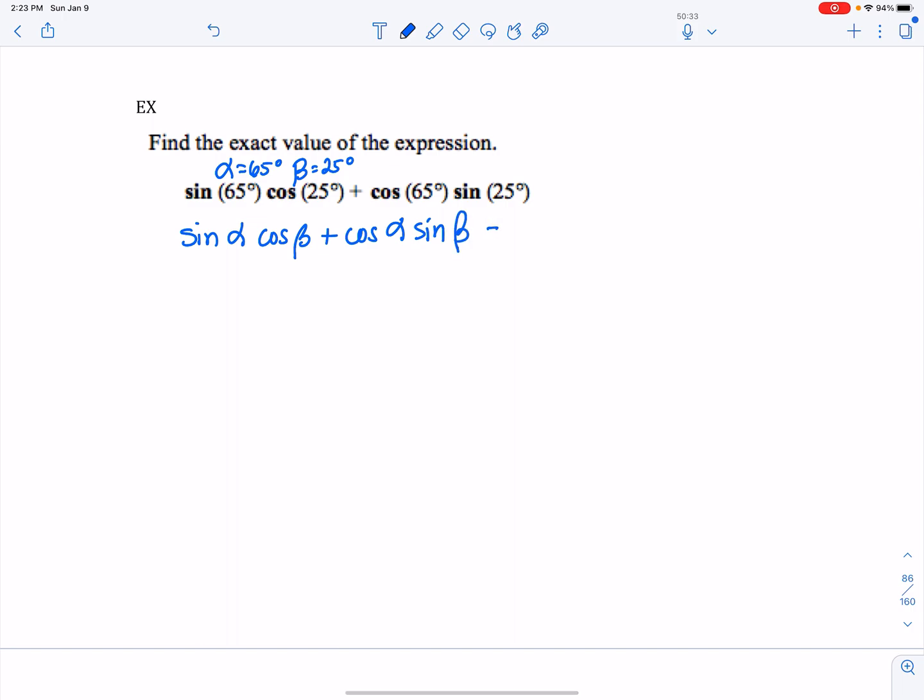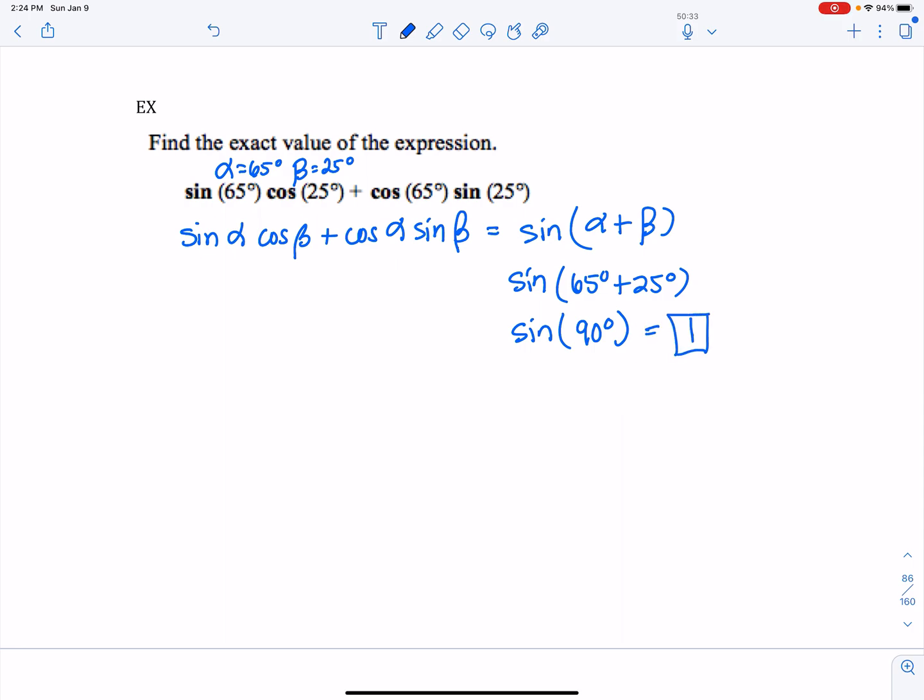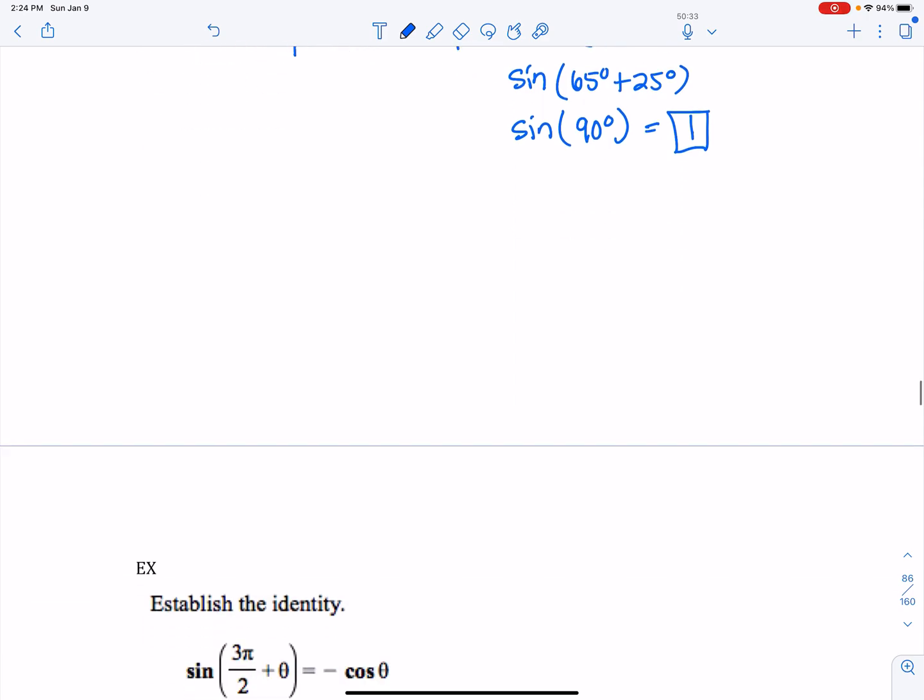So if I look at the formulas, I will see that that equals sine of alpha plus beta. So if I plug in the values again, remember alpha is 65 degrees and beta is 25 degrees, and I add those together, I get sine of 90 degrees, which we know. Sine of 90 degrees is going to be 1. So like I said, these are a little bit easier, but you have to realize that that's the addition formula for sine in this case.